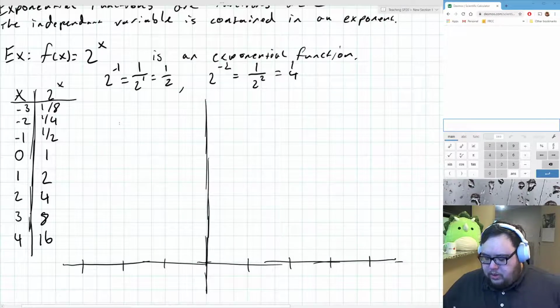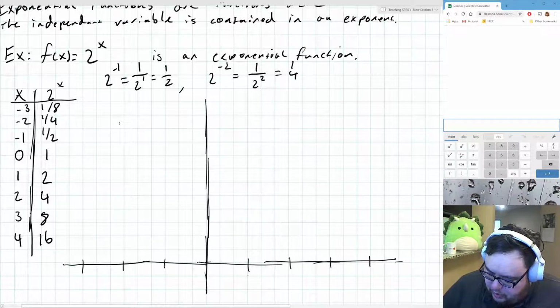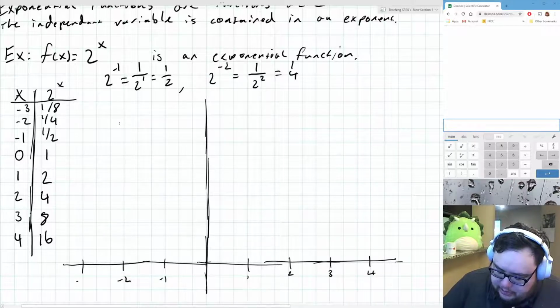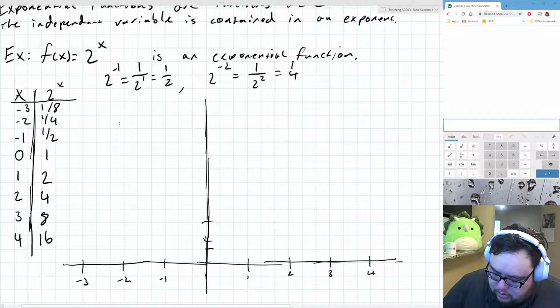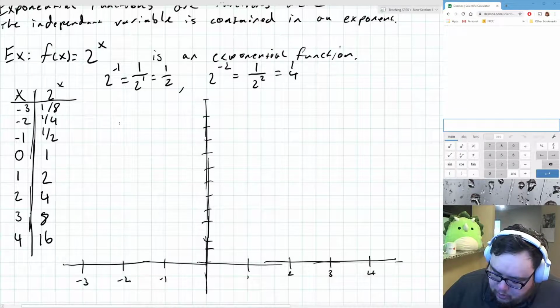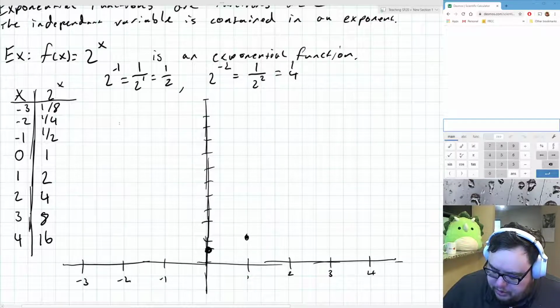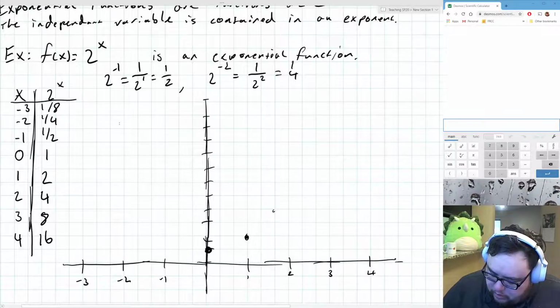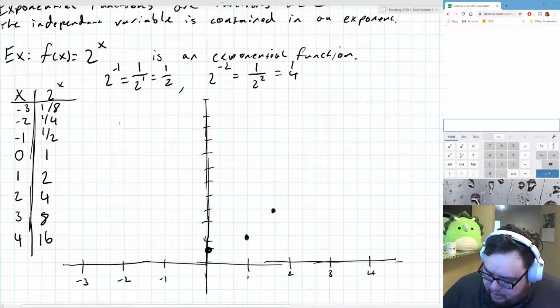All right, so there's our x-axis. That's 1, 2, 3, 4, and negative 1, negative 2, negative 3. We'll do our y-axis in ones. We get the point 0, 1. We get the point 1, 2. We get the point 2, 4. We get the point 3, 8.